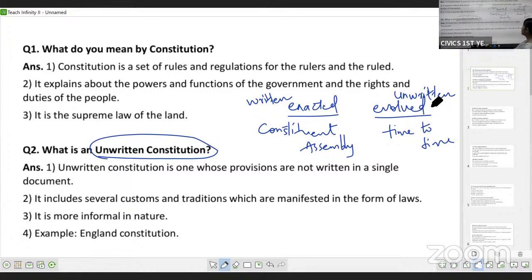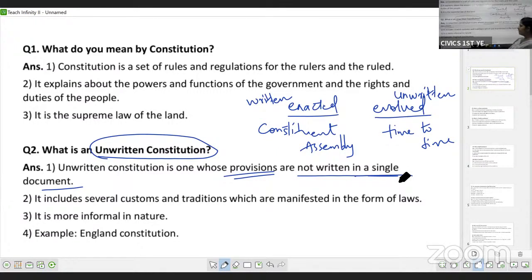So an unwritten constitution is a constitution whose provisions are not written in a single document. We are saying it is unwritten, but it is not written in a single document. It is based on customs and conventions. It is not a proper single document. It is also in written form, but not in a single document.